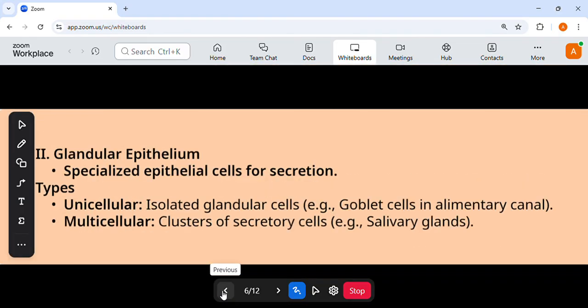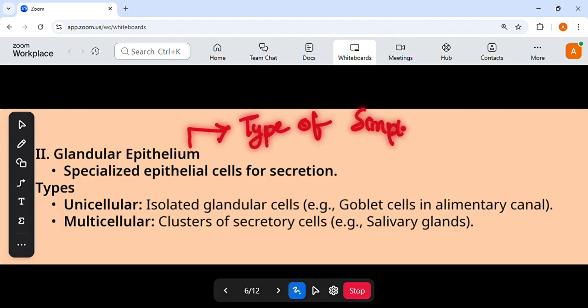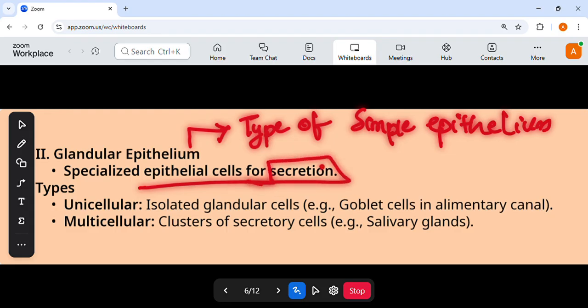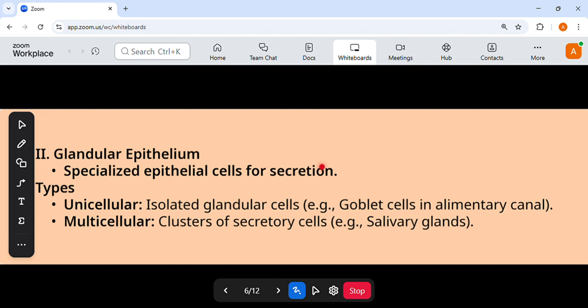Now let's move ahead with one more type, the glandular epithelium. It is also a type of simple epithelium, a specialized epithelium cell for secretion. Its special function is secretion. It is of two types, unicellular and multicellular. Again, the word itself is indicating: uni means only a single cell.